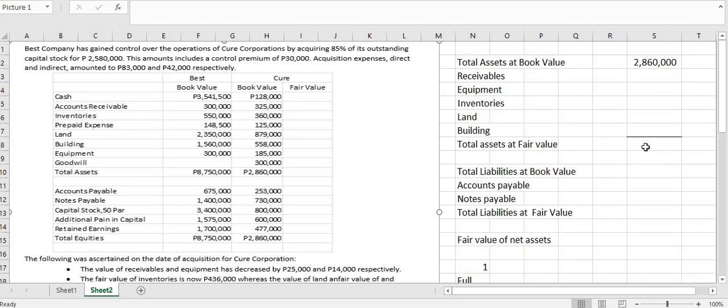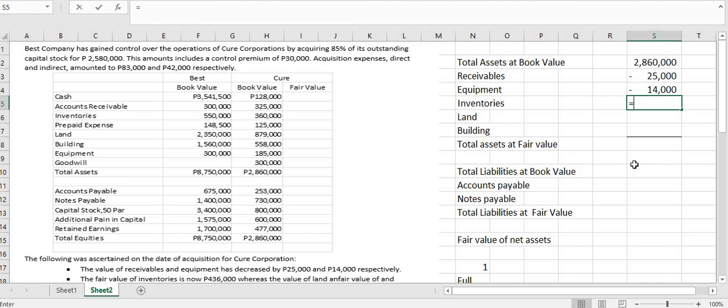So yung receivables daw natin had decreased by 25,000. Also, yung equipment natin nag-decrease by 14,000. Okay? And then yung inventory natin is now 436,000. Kasi yung inventory natin at book value is 360,000. So yung fair value niya is 436.